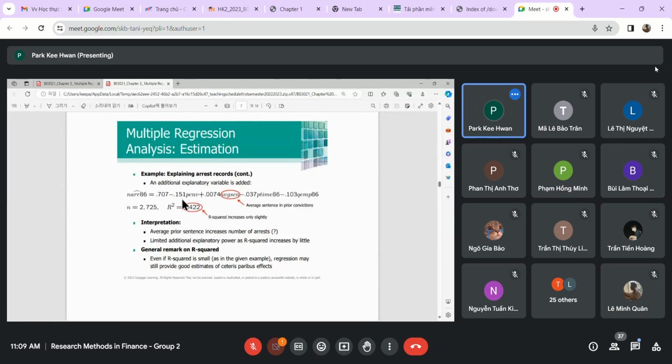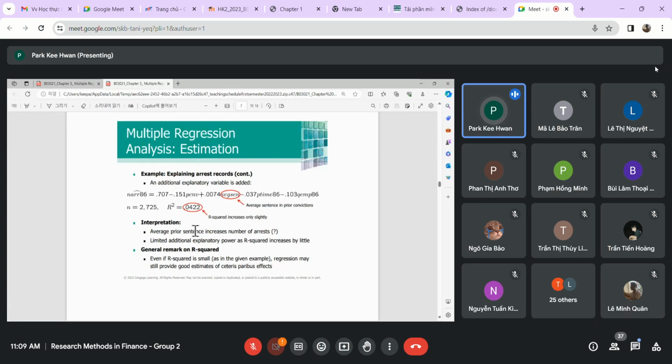Whether this individual slope parameter is reliable, which means statistical significance. If this individual slope parameter estimate is significant, then the regression may provide a good estimate, okay? Because this slope parameter provides a good estimate of the ceteris paribus effect, okay?